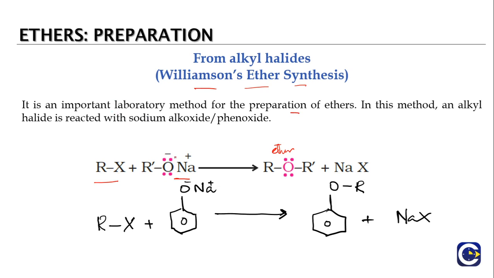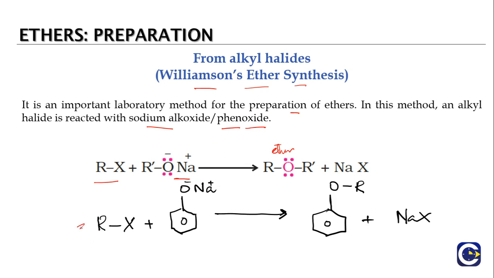We react alkyl halide with sodium alkoxide, or we can also use sodium phenoxide in case of aryl ether. In the preparation of aryl ethers, we use the phenoxide ion, sodium phenoxide.